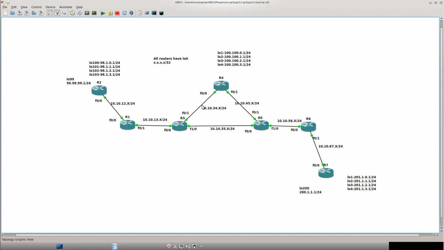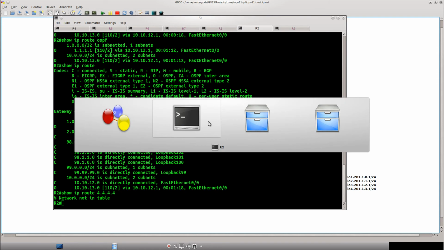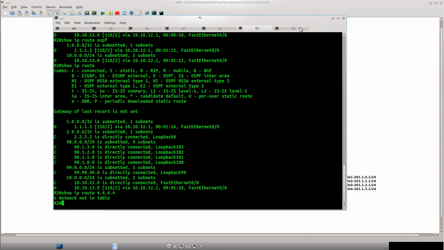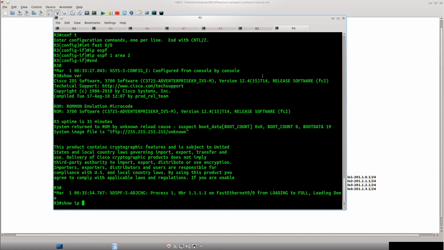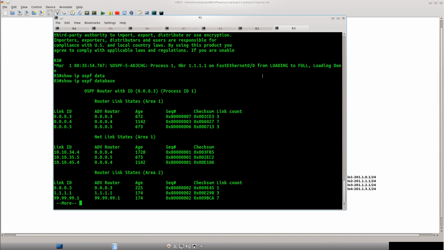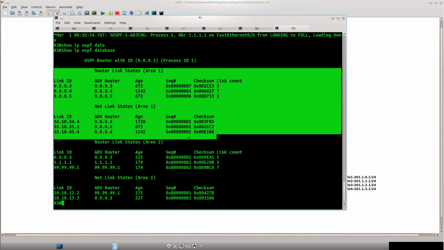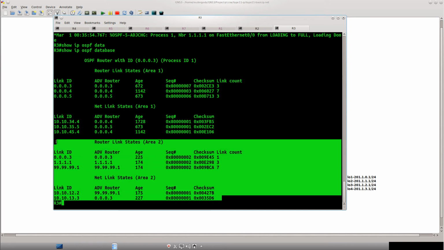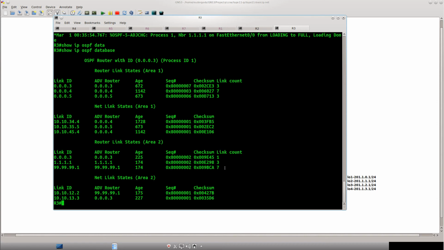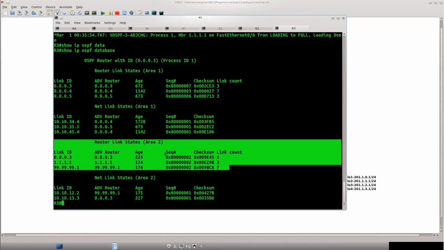Let's see how things look on R3. R3 has 2 different areas in it. So if we go to R3, show IP OSPF database. Let's see how the database looks. You can see it's split-brained. We've got the information about area 1 at top. We have information about area 2 on the bottom. We see the type 1 LSAs, the router LSAs.